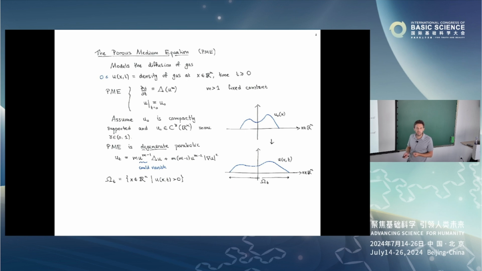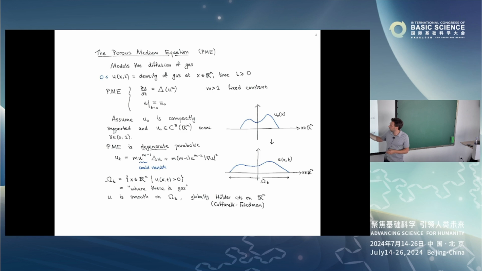We're going to write capital omega of t for the set where u is positive. In other words, this is the set where the gas is. And it's a general fact, coming from the fact that this is a nice parabolic equation where u is positive, that as long as you're in some positive time, u is smooth on capital omega t for t positive.